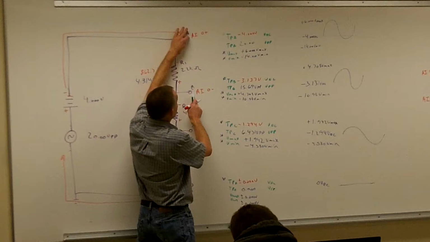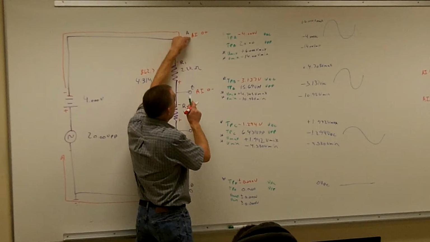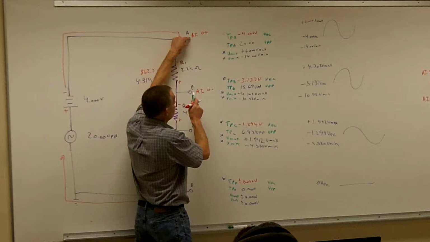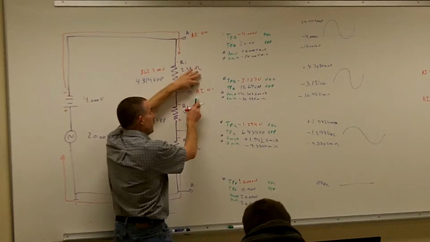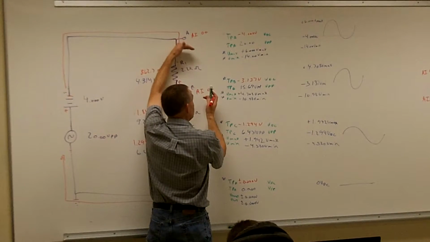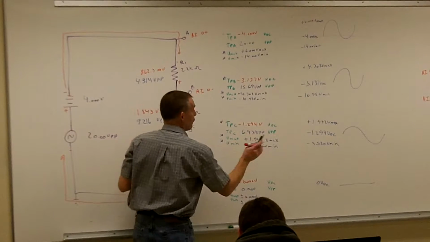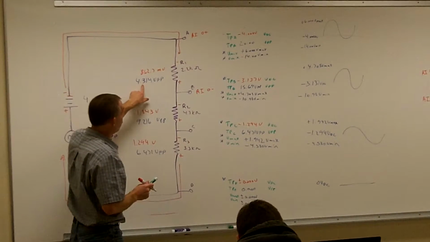It's going to see that I have my 20 volts at test point A, and 15.69 volts, and it's going to know that if I take the difference between those two numbers, it's automatically on my oscilloscope going to give me my 4.314 volts.